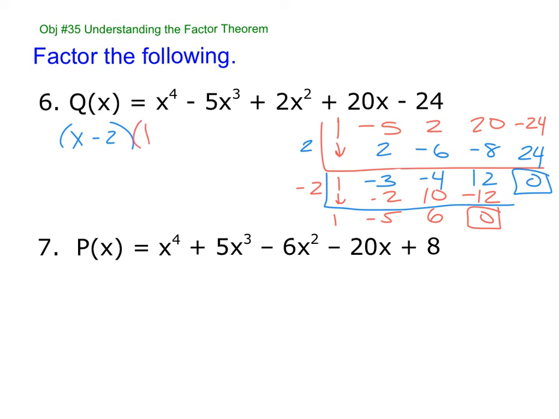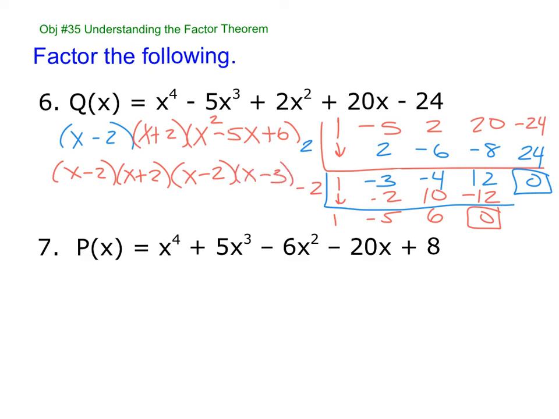So I get x plus 2, and then x squared minus 5x plus 6, x minus 2, x plus 2, and then that becomes multiply to 6, combined to -5. So this one is actually, if you simplify it, x minus 2 quantity squared, x plus 2, x minus 3.